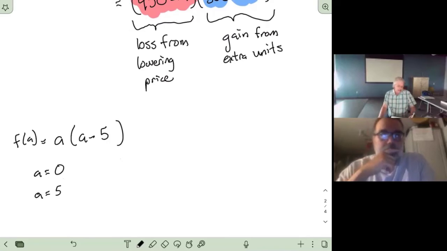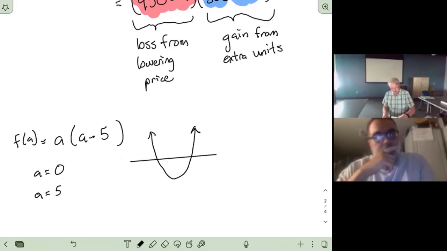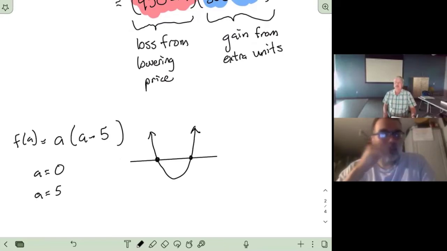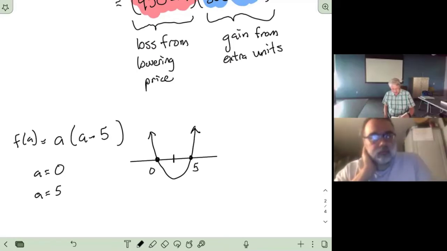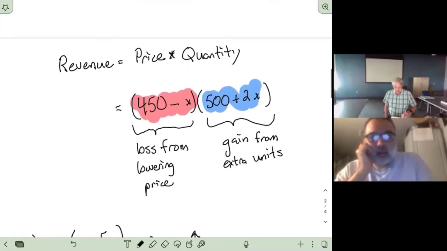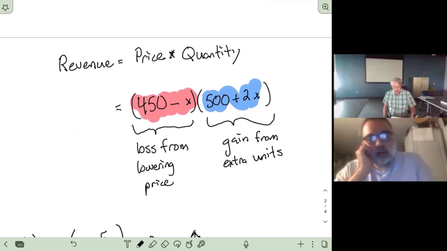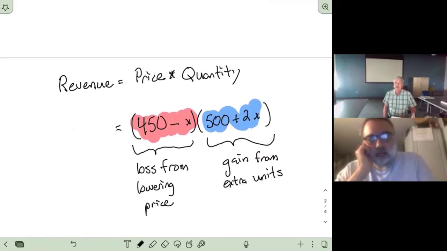You can see immediately what's going to be happening, because parabolas are always symmetric. Even without the calculus, if that's 0 and that's 5, the vertex is going to be 2.5, right smack in the middle. We kind of know what the two roots are just looking at that right off the bat.